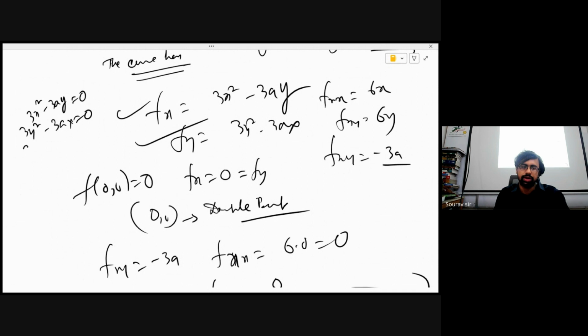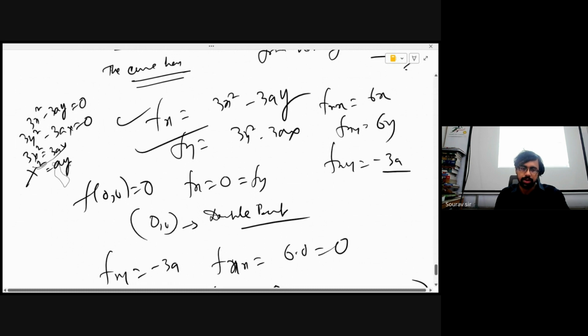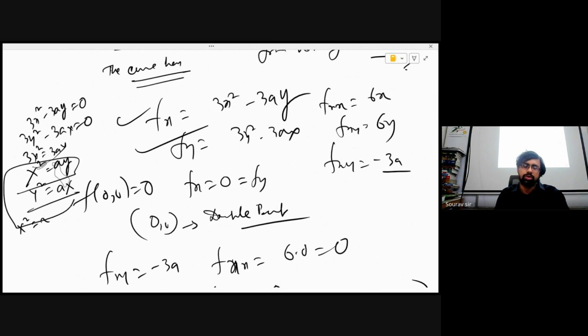So this can equate 3x square equal to 3ay. So x square equal to ay, and this is y square equal to ax. So you can put it x square equal to a, or in that way you can put, and you can get a value and get a position of 0 comma 0. इस तरीके से किया जा सकता है, ऐसा नहीं कि नहीं होगा.